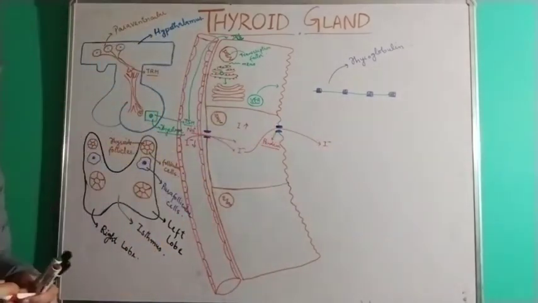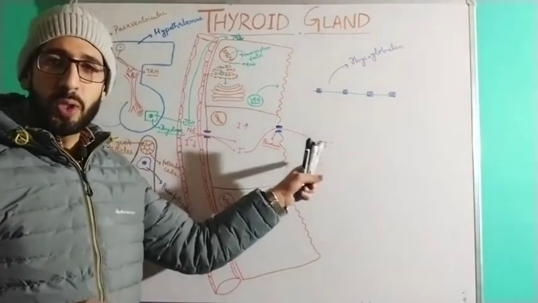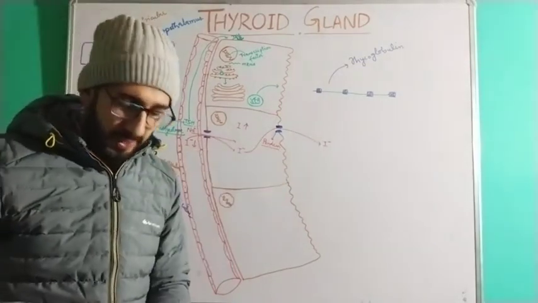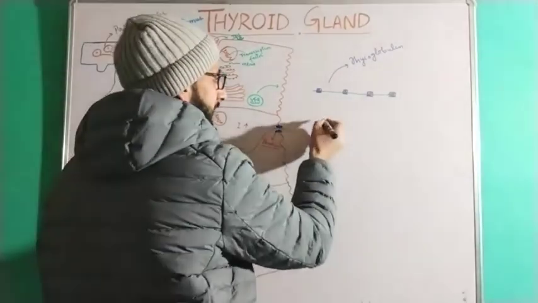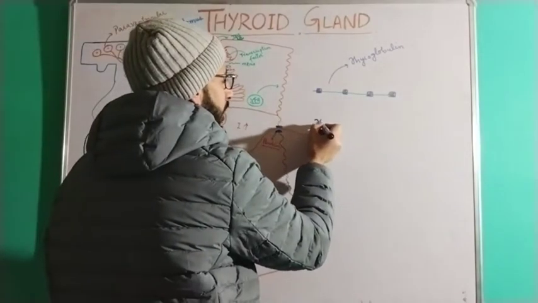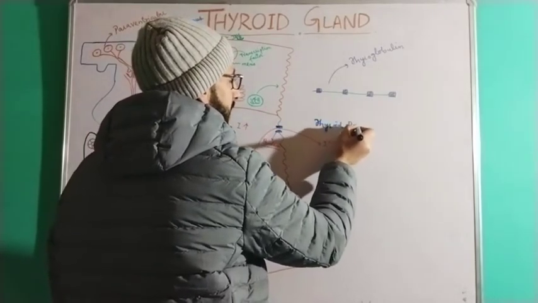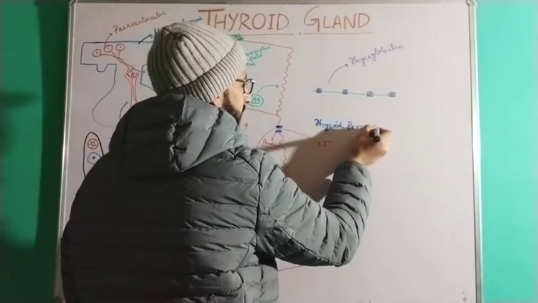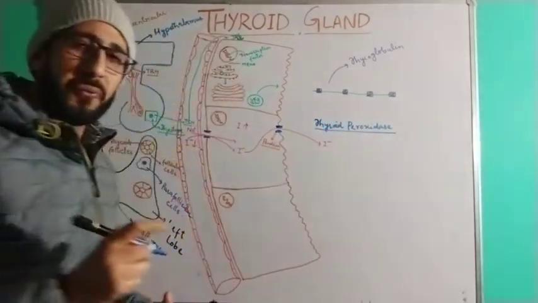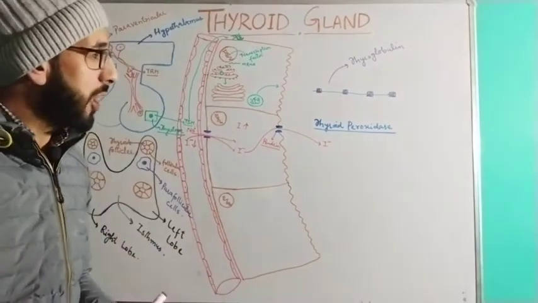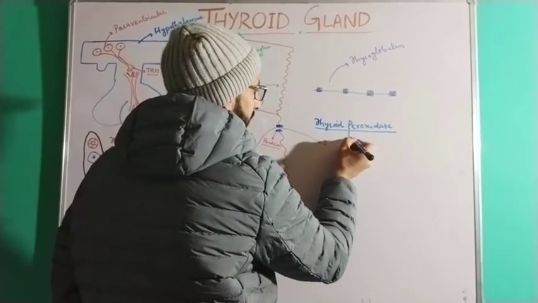Okay, now once this iodide has been taken from the blood into the lumen of the thyroid follicle, there is a special enzyme there, and that enzyme is called thyroid peroxidase. Now this thyroid peroxidase does many functions in the lumen of the thyroid follicle. The first function it does is the oxidation of iodide.